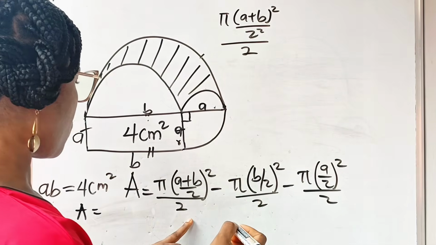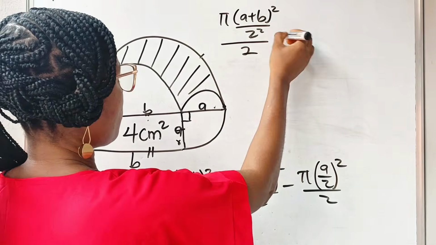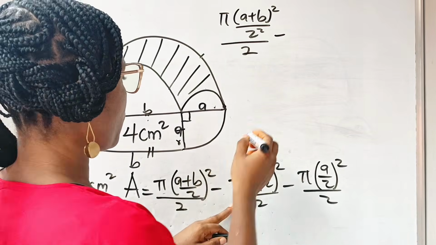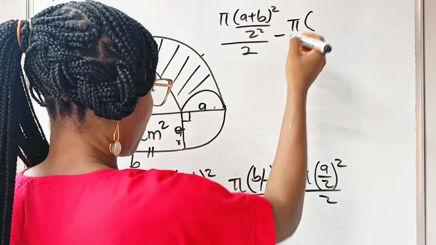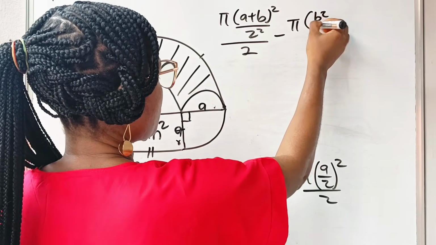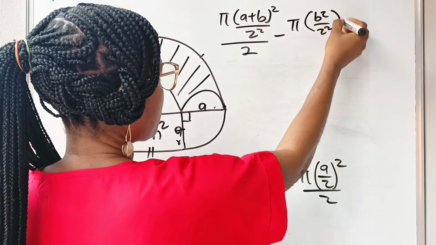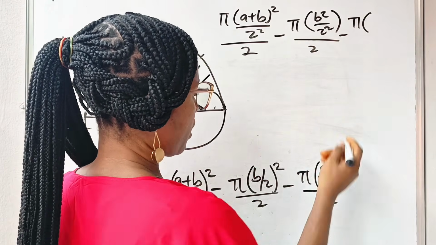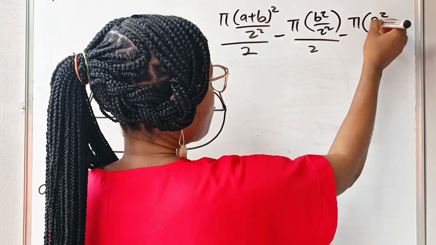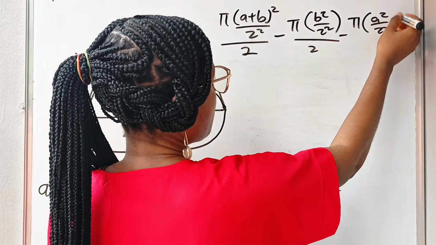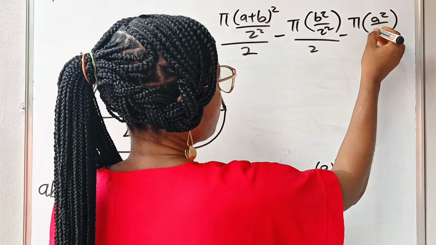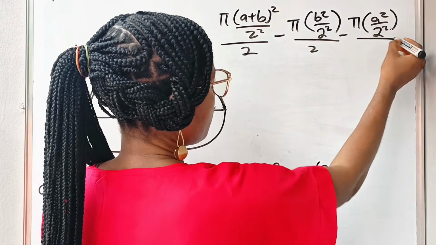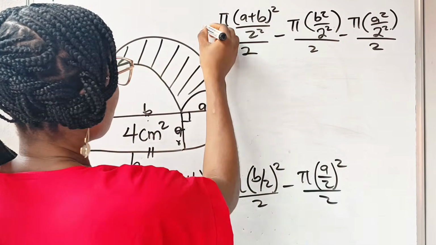Everything divided by 2 as well, minus this one will be pi bracket B squared over 2 squared, everything divided by 2, minus pi bracket, this will be A squared over the same 2 squared, divided by 2. This is our A, right?